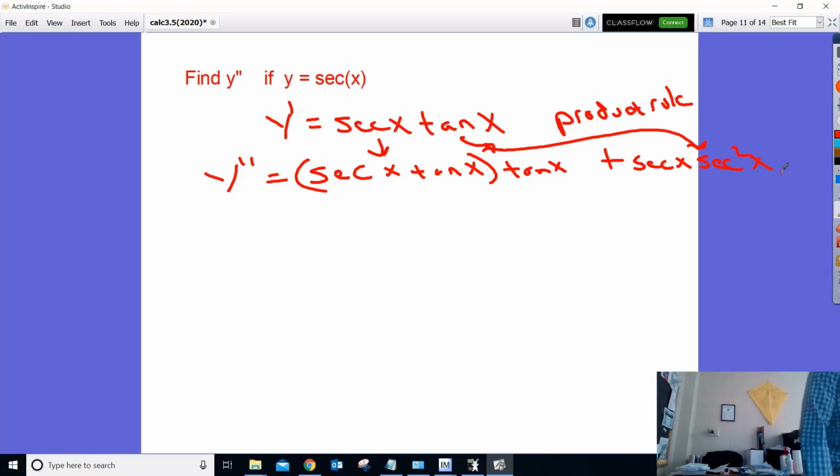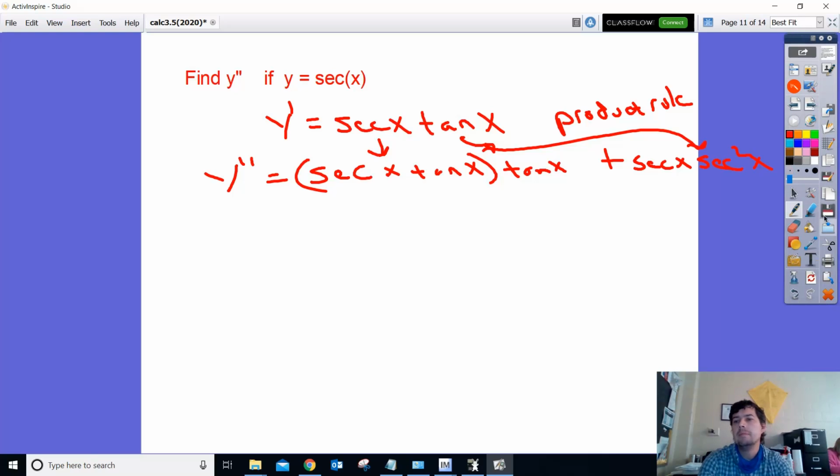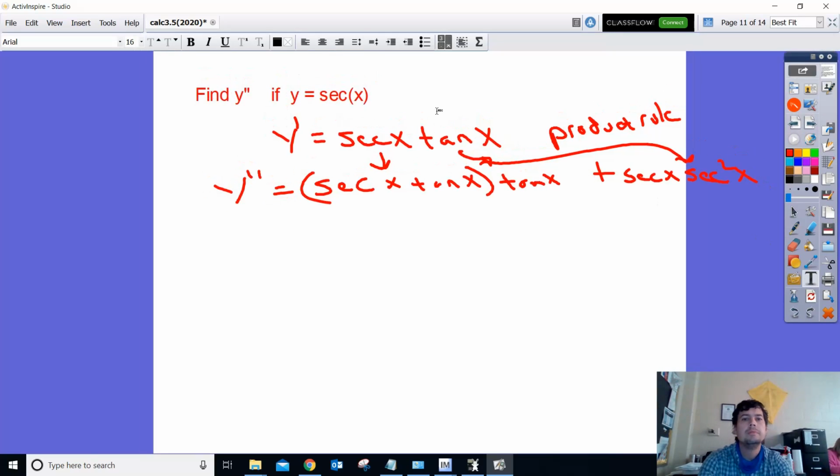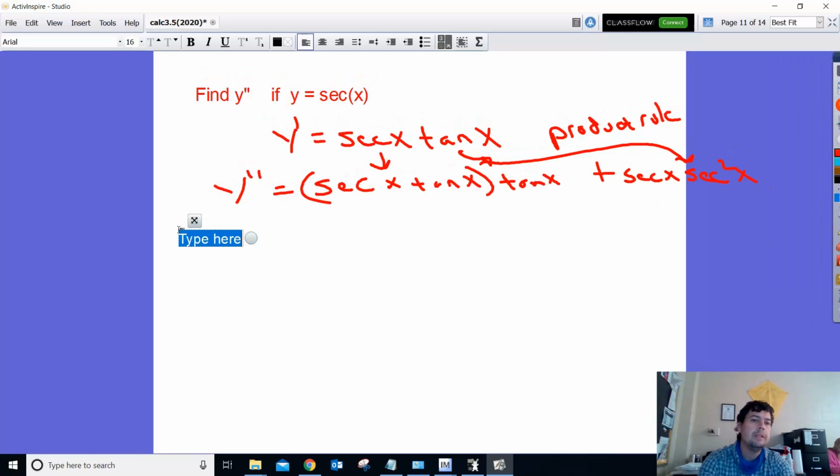There's a lot going on there. What's going on in my head is that I know the rule. I'm following the product rule here. The derivative with respect to x of some f of x times g of x is f prime of x, g of x, plus f of x, g prime of x.